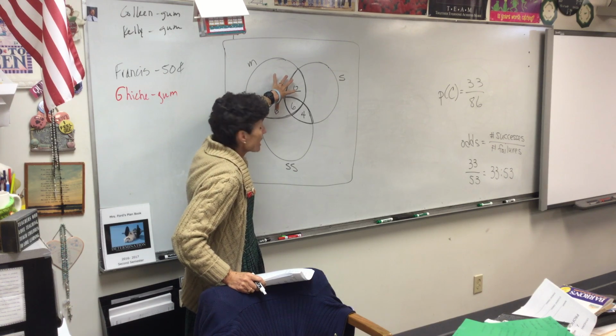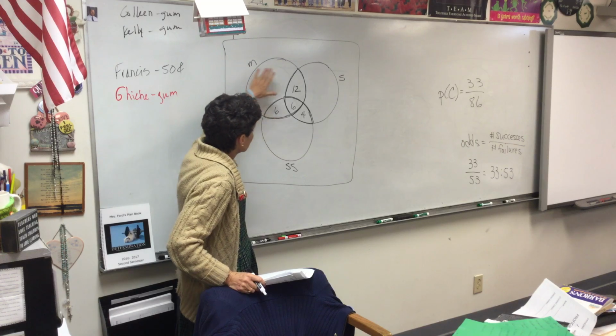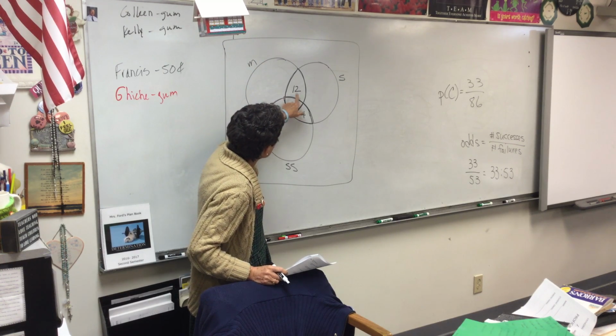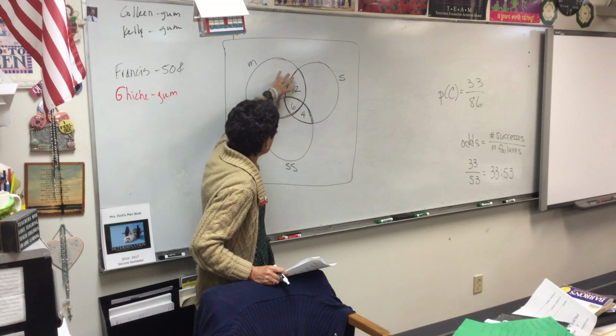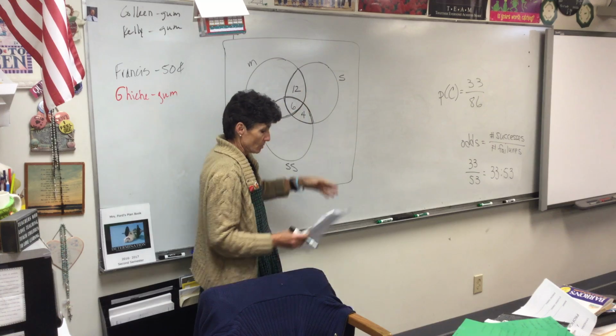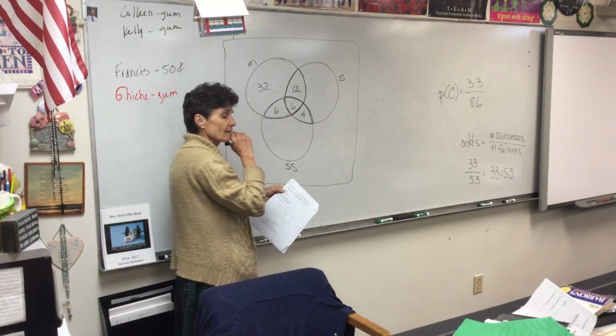Now you can tell me what number to put here. Because we know the entire math circle contains 56 kids. How many of them have we already counted? In the math circle, how many kids have already been counted? 24, which means there must be, what, 32 right here?